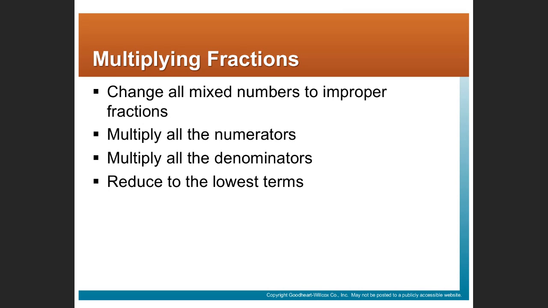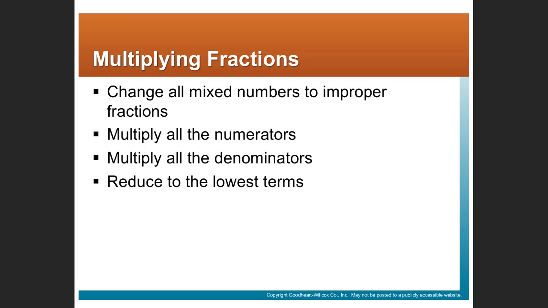An improper fraction, the numerator is greater than the denominator. A mixed number is a combination of a whole number and a proper fraction. So we want to change all mixed numbers to improper fractions.